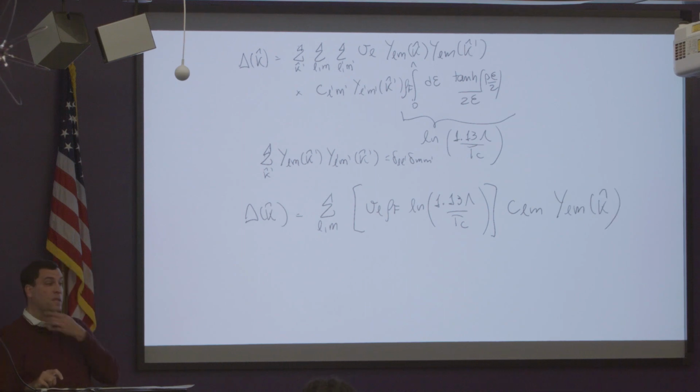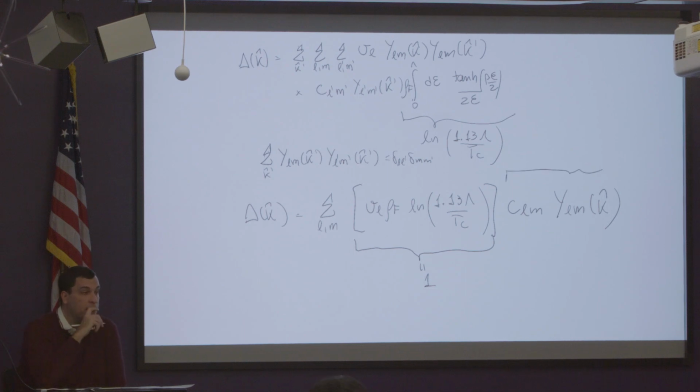This is an eigenvalue problem, right? And what I need to solve it is to find when this factor here is 1, because this is exactly delta_k.